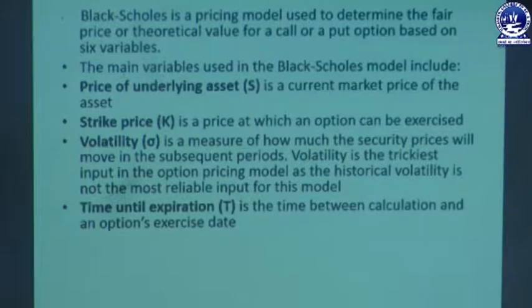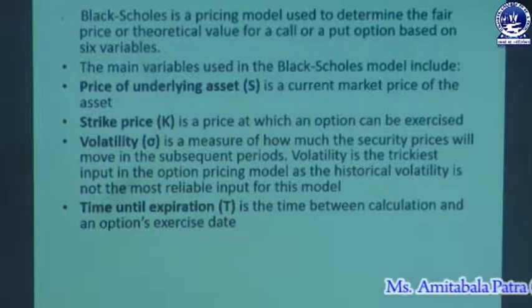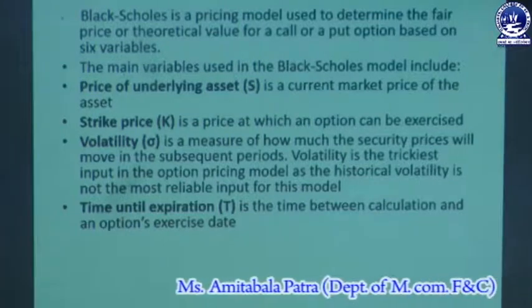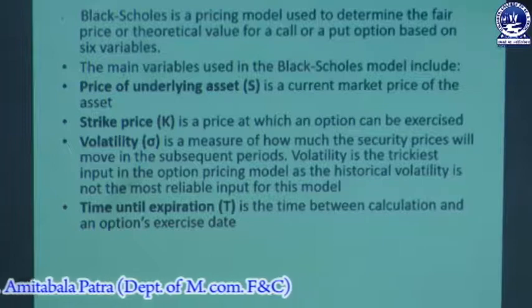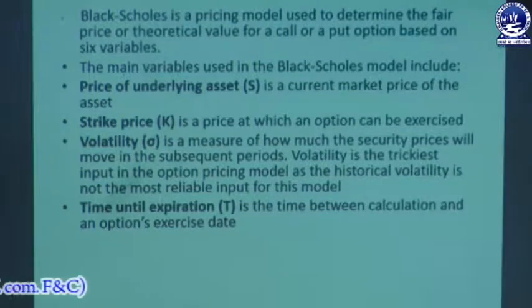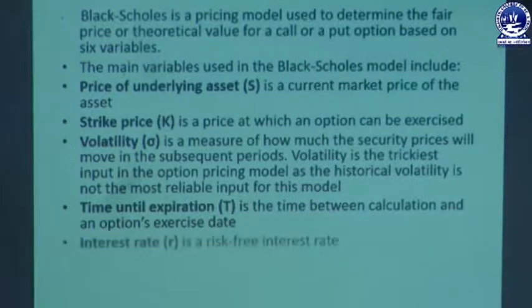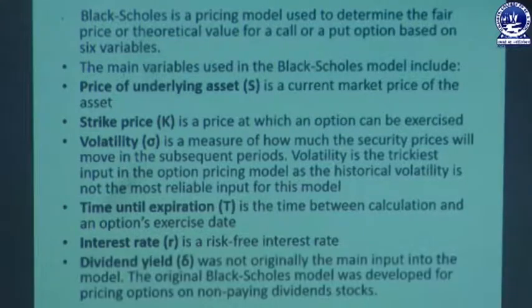Then another variable is the time until the expiration, that is the time between the calculation and when the option is exercised. So, that is also a variable we consider while pricing the option in this Black-Scholes model. Apart from that, we have the interest rate, which is the risk-free interest rate, and the dividend yield.